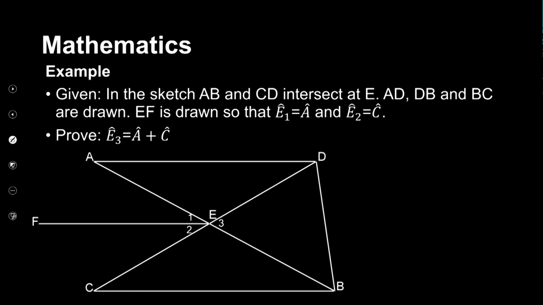Now, if I am given in the sketch AB and CD intersect at E, what does that mean? It means that these are straight lines, right? And if these are straight lines, then you can consider things like vertically opposite angles, right? Because you can only talk about vertically opposite angles if the lines are straight.